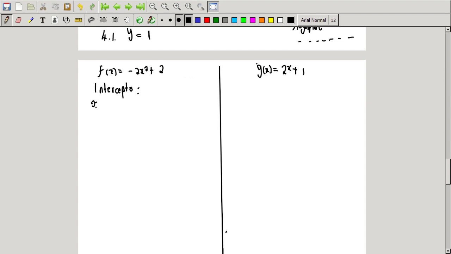So to get the x-intercept, y is equal to 0. On the x-intercept, y is equal to 0. So where y is equal to 0, it means that the function is equal to 0.